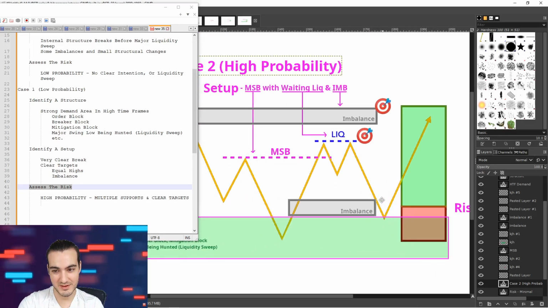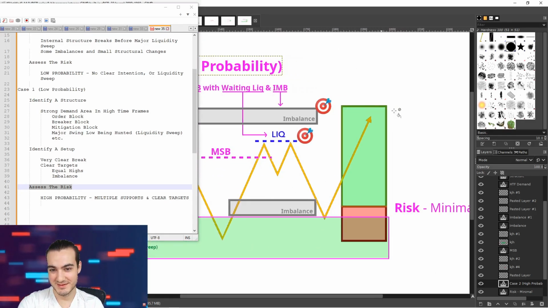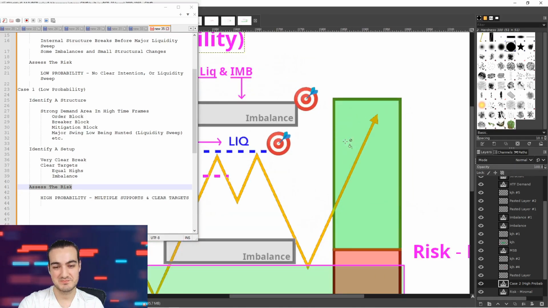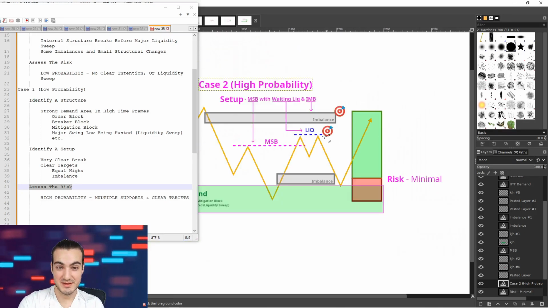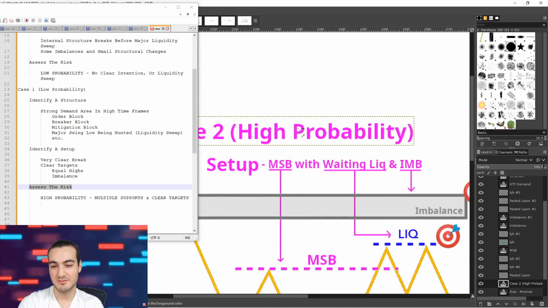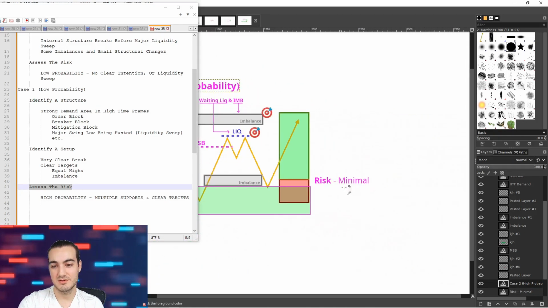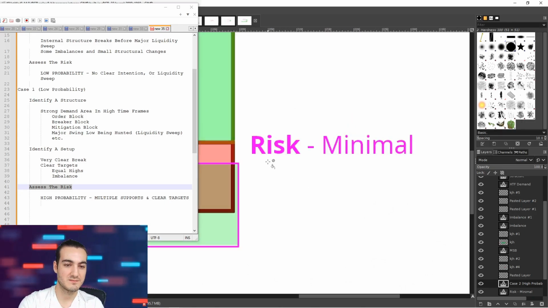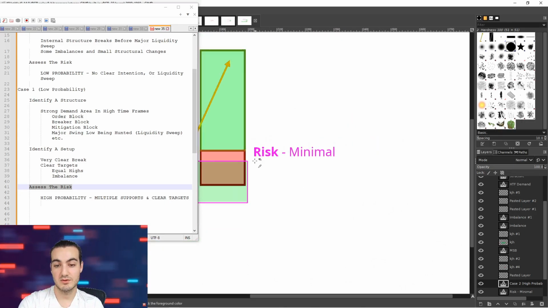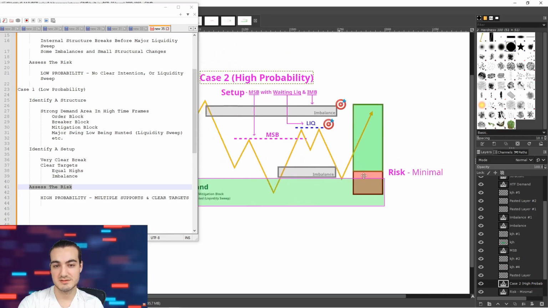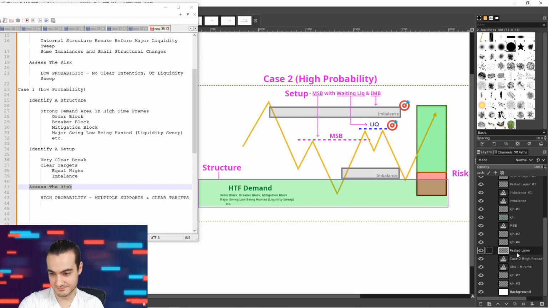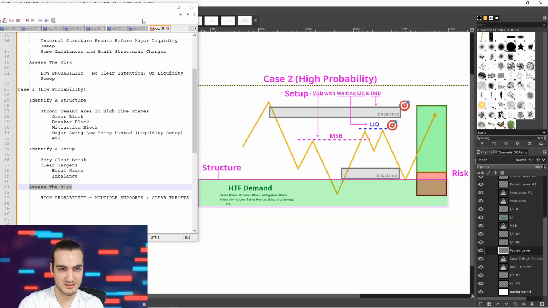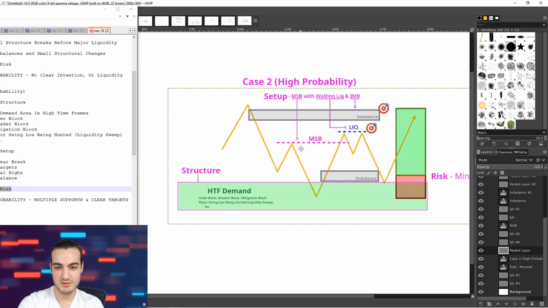And then of course our price targets would be, I don't know, the liquidity hunt and the imbalance. So that is case 2, and we see this is a high probability case where you could use your normal risk of, say, 1%, or you could even use a little bit more risk, depending on how confident you were. So let's drag this into the notes, and then we'll move on to case 3.